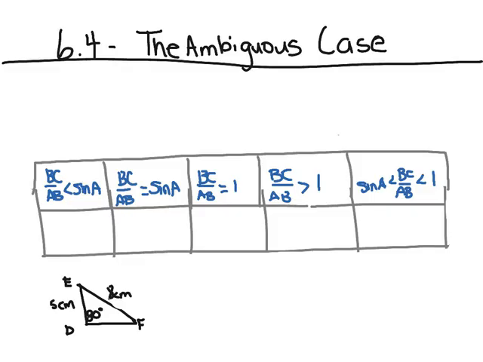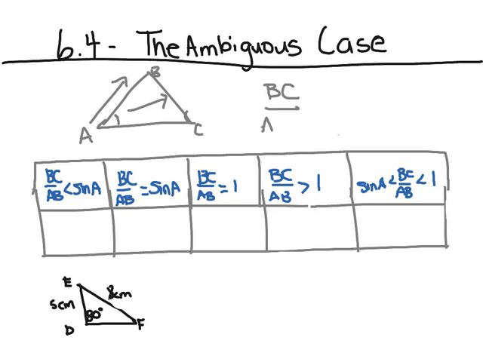So to figure out if you have an ambiguous case, you can determine the number of possible triangles. So if you take any triangle, and you're looking for angle A, if you take your opposite side, so BC, and divide it by your adjacent side, so AB, we use this ratio to determine the triangles.